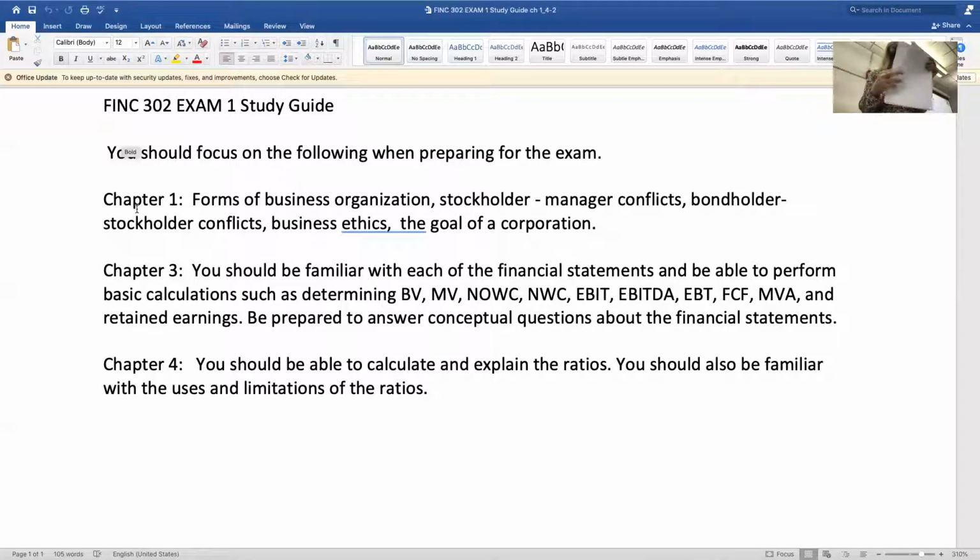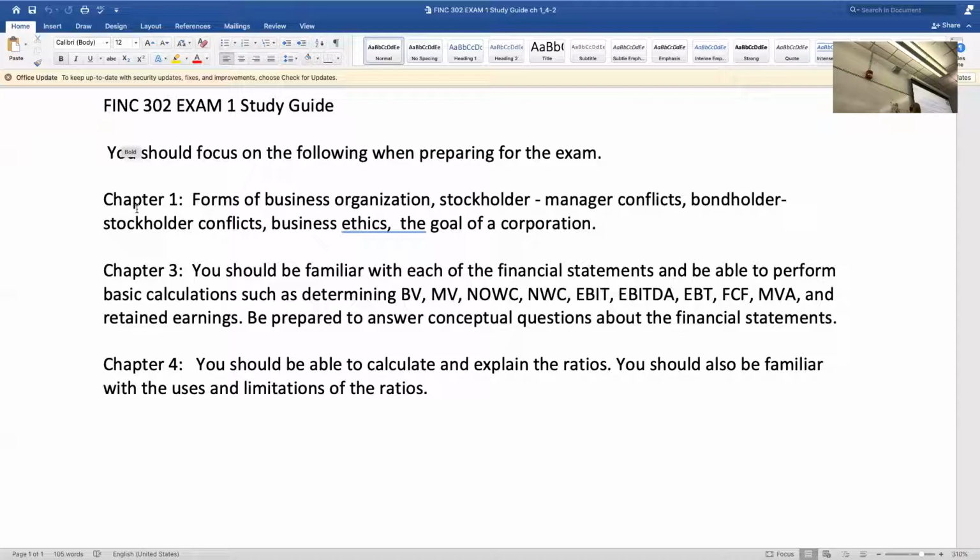Okay, so some of the ratios that you should definitely be familiar with are the net operating working capital, the current ratio, the quick ratio, oh, and you should be familiar with the inventory turnover ratio.